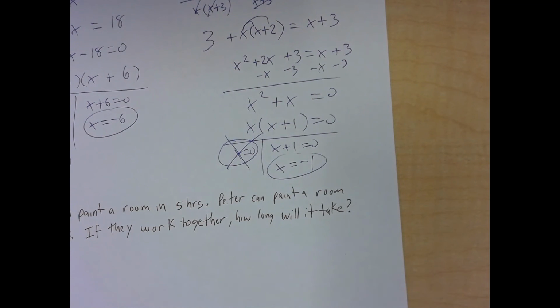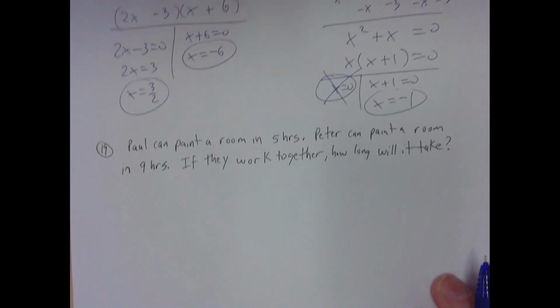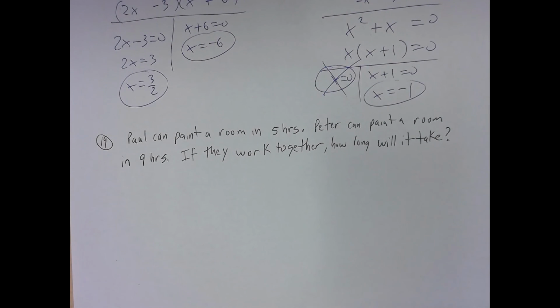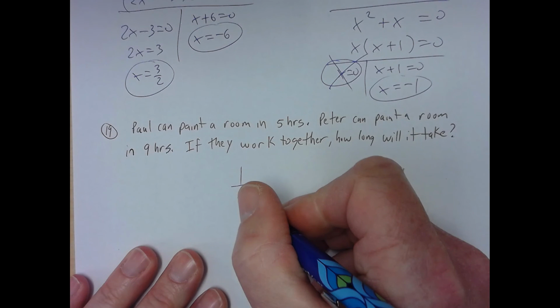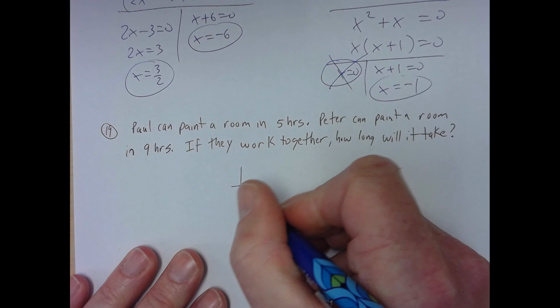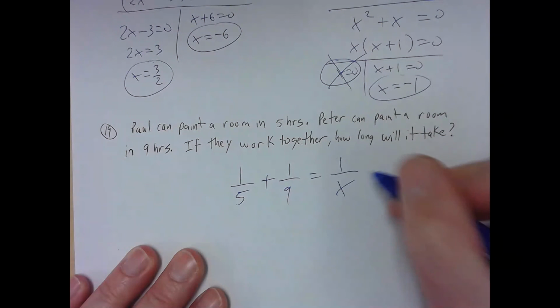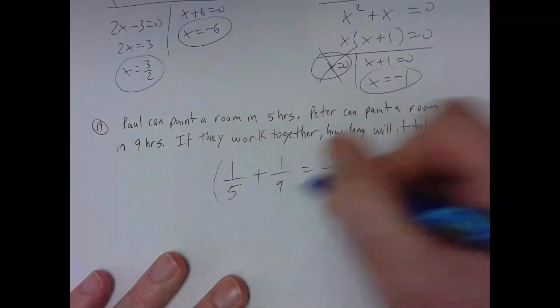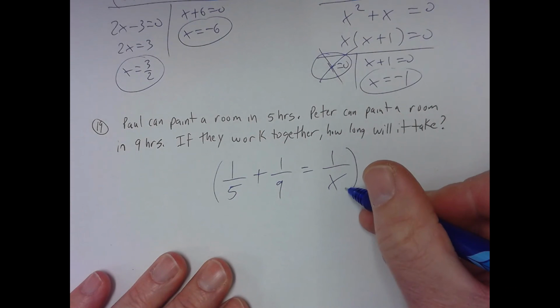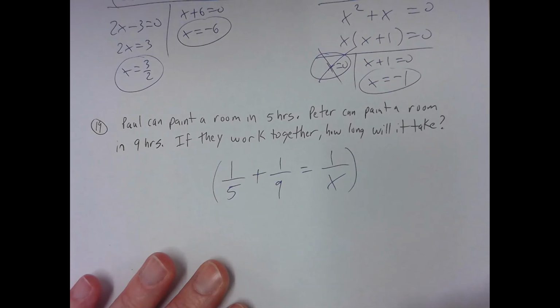X is negative 1. Okay, Paul can paint a room in 5 hours. Peter can paint a room in 9 hours. So this is just that one job can be done in 5 hours. One job can be done in x hours. So that's the situation here. We're going to multiply by the LCM. Obviously, x can't be 0 because they can't do the painting instantly.